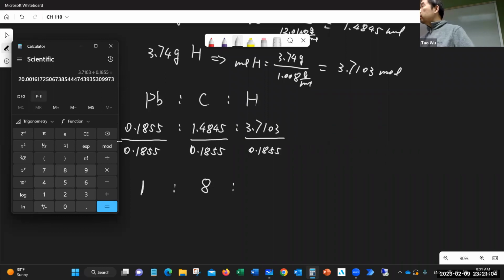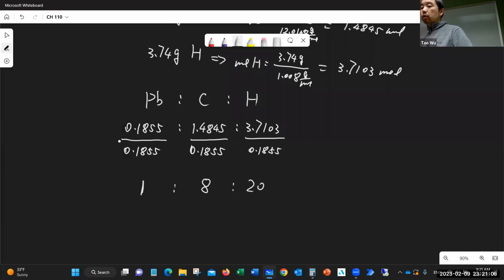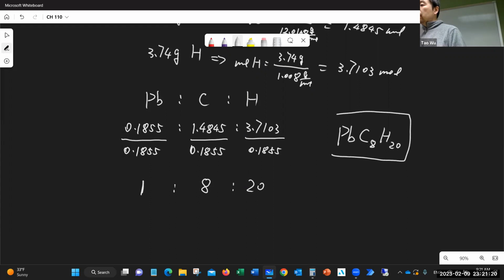So the ratio between those is 1 versus 8 versus 20. So the empirical formula will be 1 of the lead, 8 of carbon, and 20 of the hydrogen. So that's going to be the empirical formula.